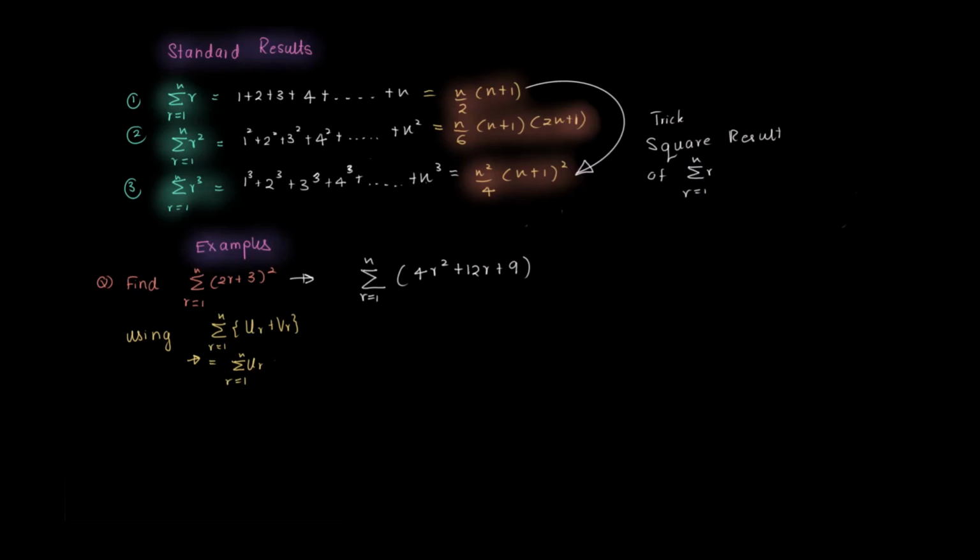That's what we are going to do here. So we can take summation of 4r squared separately, summation of 12r separately, summation of 9 separately. All three must be from r is equal to 1 to n.